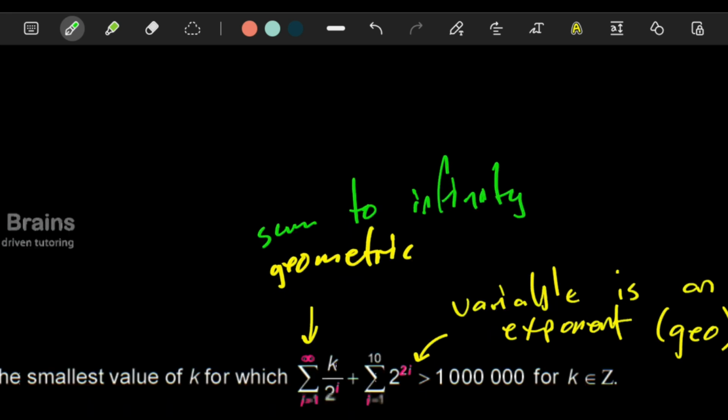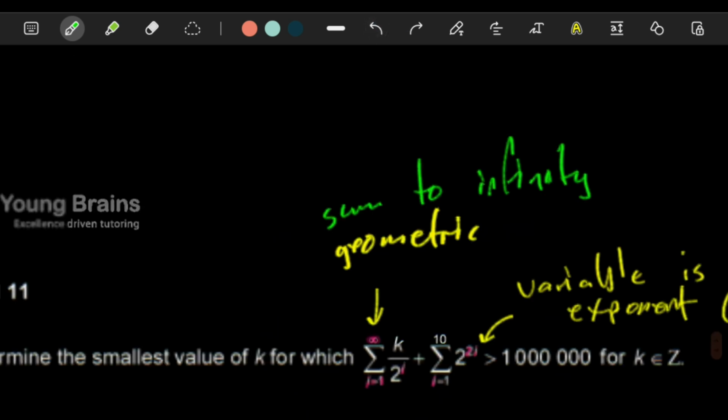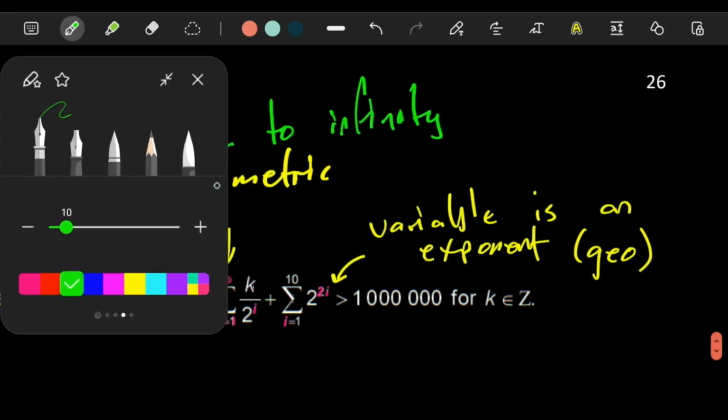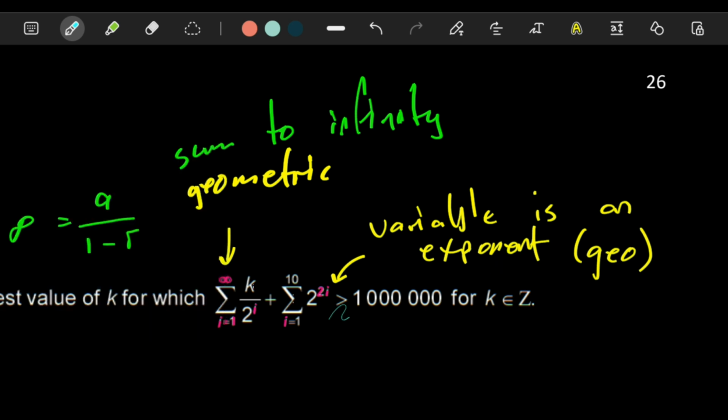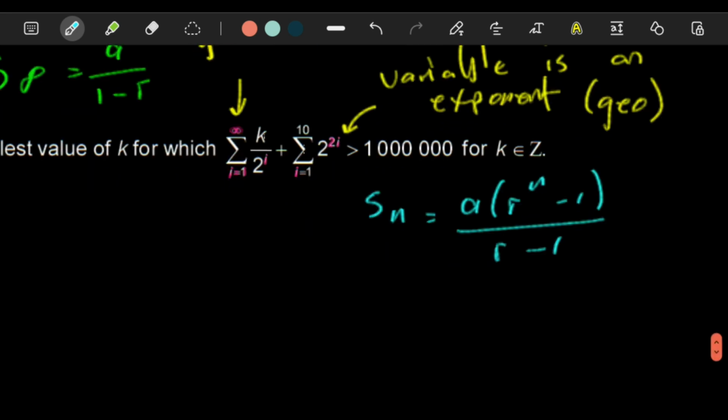So for this left part, you're going to use your sum to infinity formula: sum to infinity is equal to a over 1 minus r. For the other one there's no sum to infinity, so you're going to use the normal SN formula: SN is equal to a times r^n minus 1 over r minus 1, because that's what sigma is.